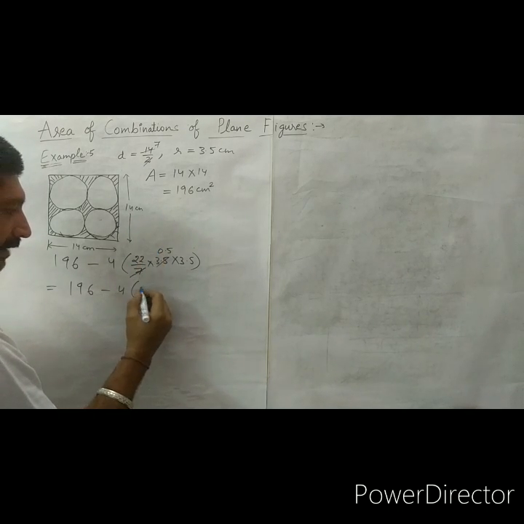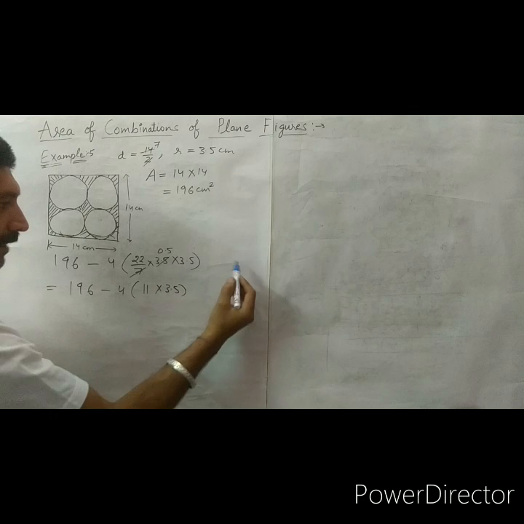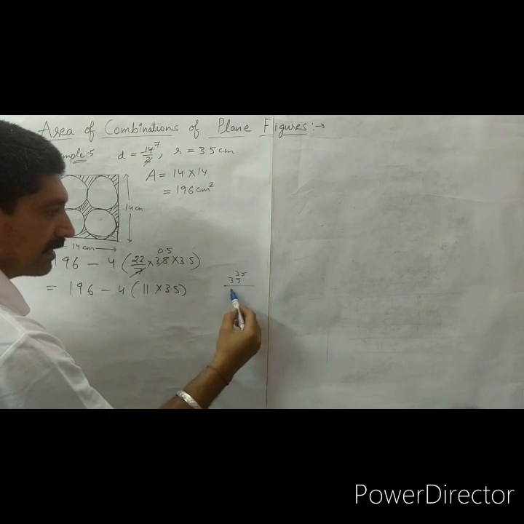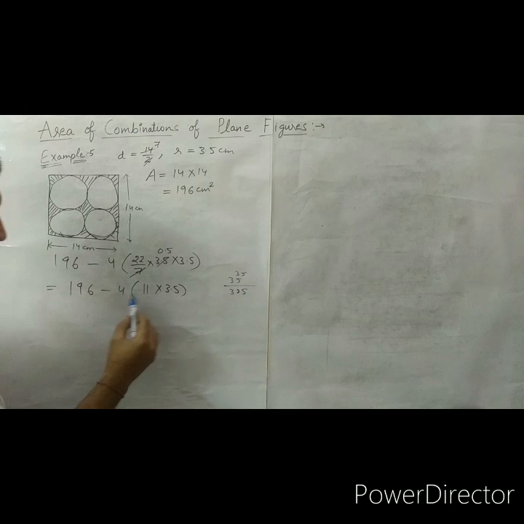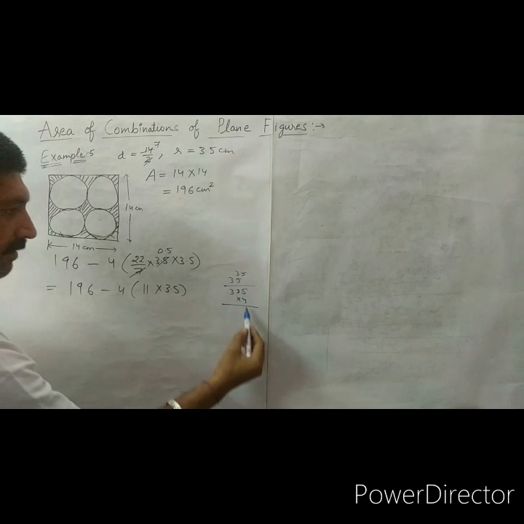That is 11 into 3.5, again 35, 35 is 385, so 4 into 385, decimal is here.